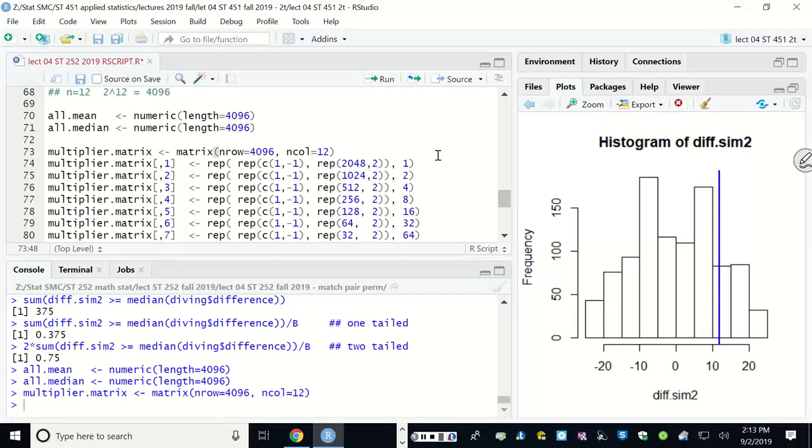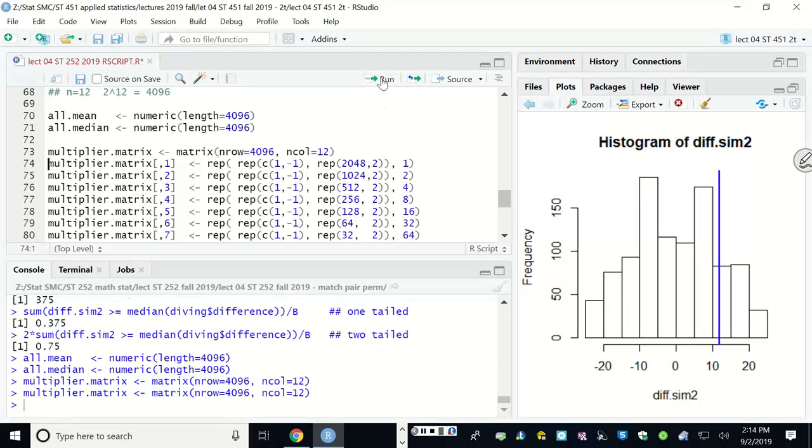I'm going to repeat the value 1 2,048 times, and then negative 1 2,048 times. And for this one, there's 1,024 1s, and then 1,024 negative 1s, and then that repeats, and so on. If you're interested in the coding, we can certainly talk about it.